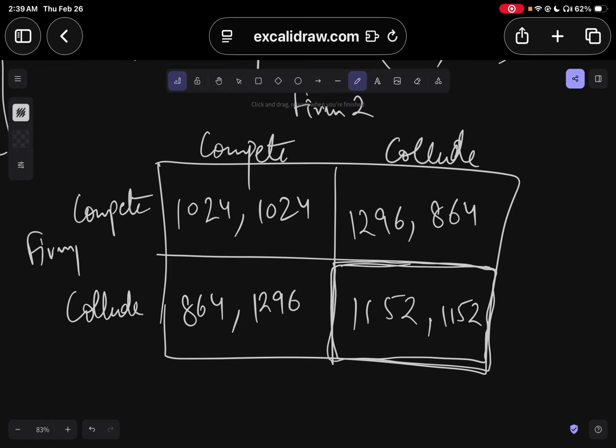But usually that won't happen, and they both would tend to compete. Both would try to win that extra margin.